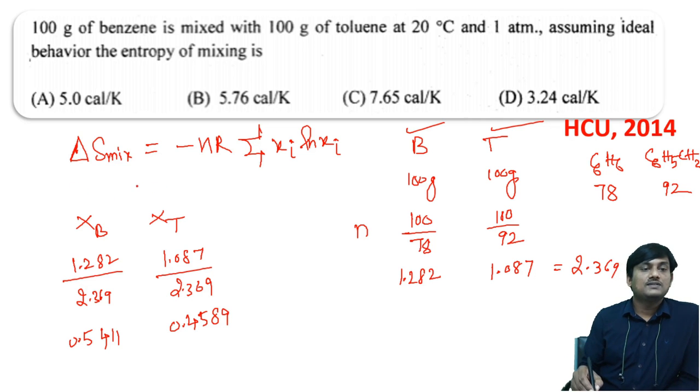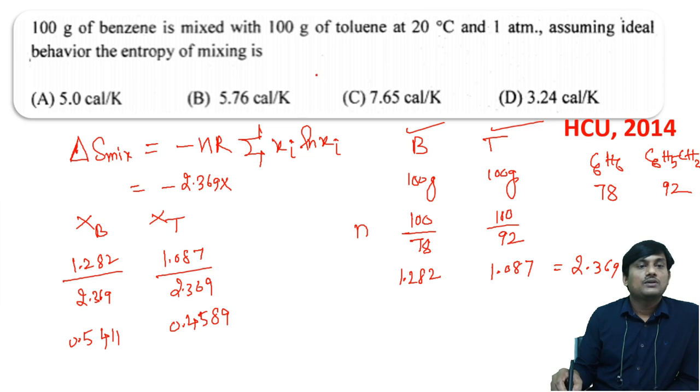Then delta S mix is equal to minus NR. It's 2.369 into R. Okay, it is in terms of calories. You can use 1.98 or simply you can write 2. And sigma Xi ln Xi: first you have to take benzene.